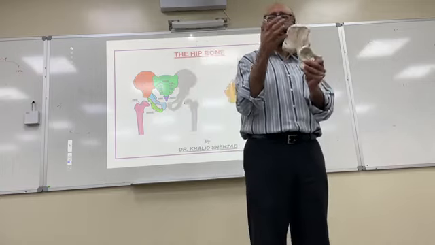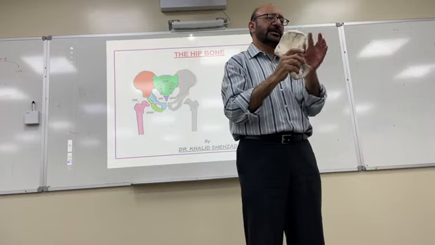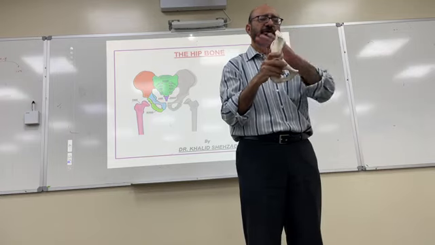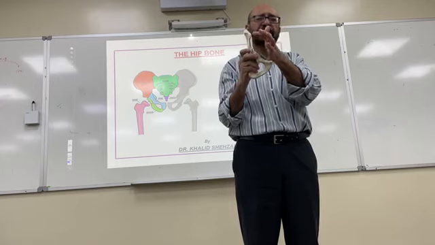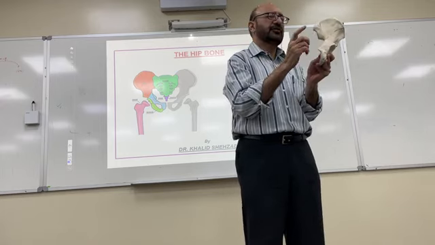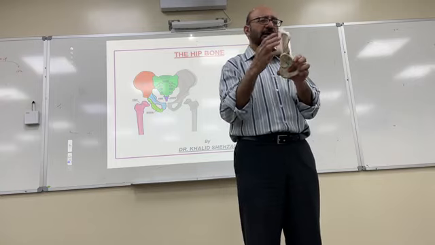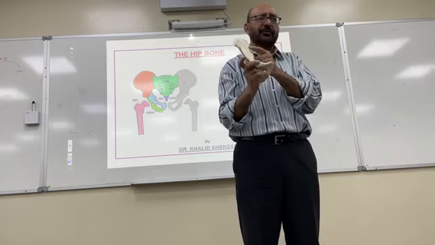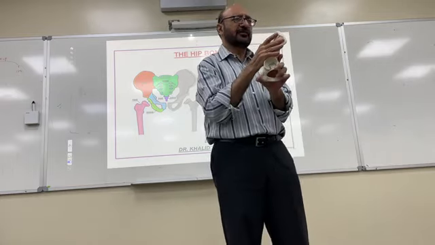Okay, so iliac bone. Initially, we have outer lip, inner lip, iliac crest, anterior border, posterior border, and medial border. Anterior superior, anterior inferior iliac spine. Posterior superior, posterior inferior iliac spine. Iliac tubercle, iliac tuberosity, medial border. Gluteal surface. The outer surface is the gluteal surface.